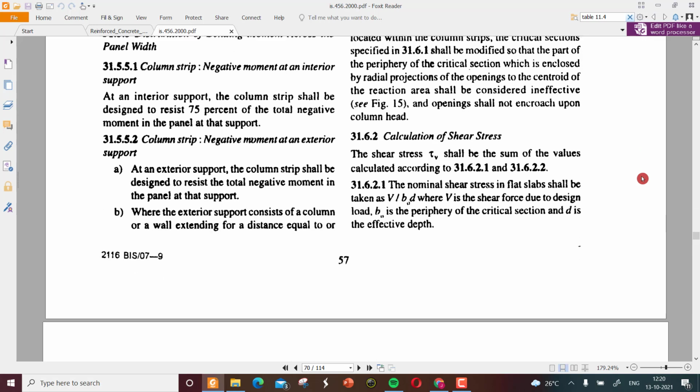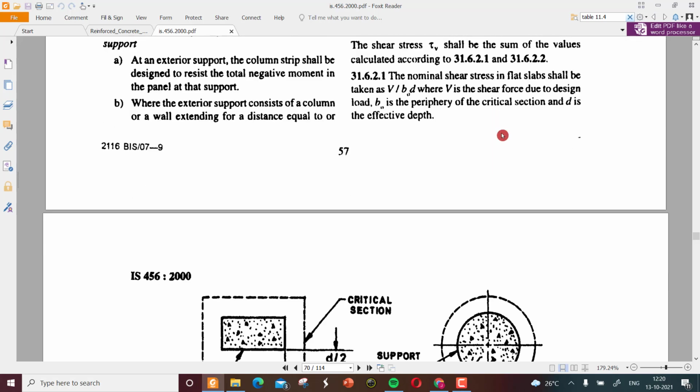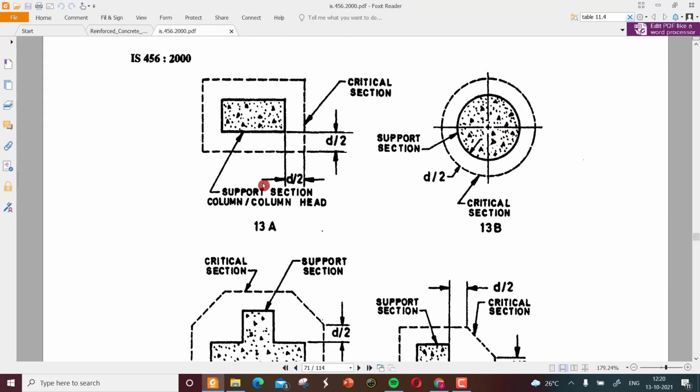And how to calculate the shear stresses? We know the position at which shear is occurring, and by calculating the acting area, we can find the shear stress. This was what we discussed: support section at a distance of d by 2 from the support. We have the critical section.